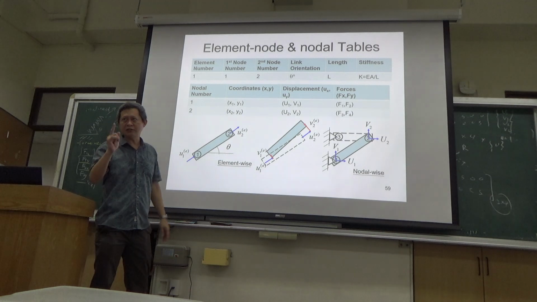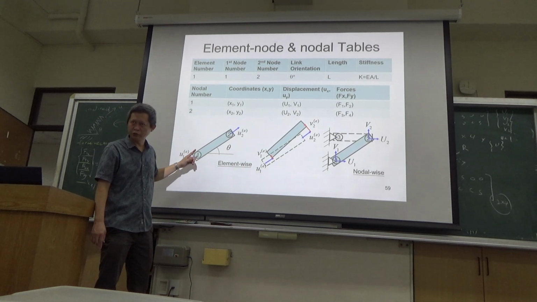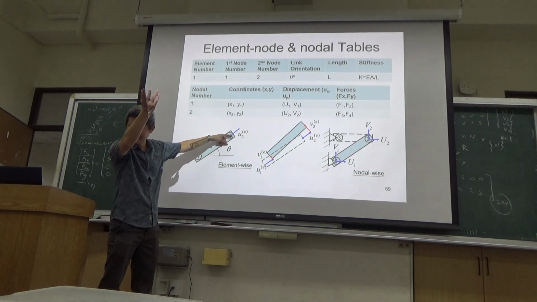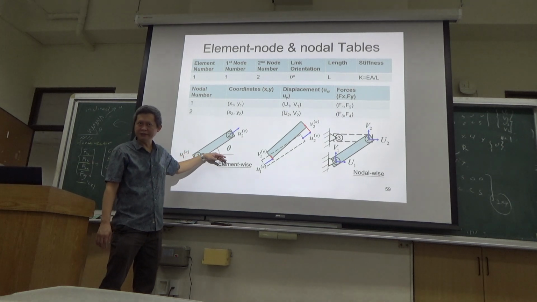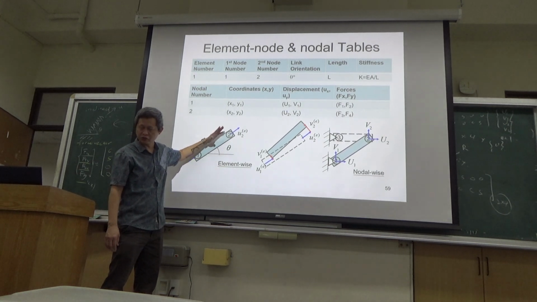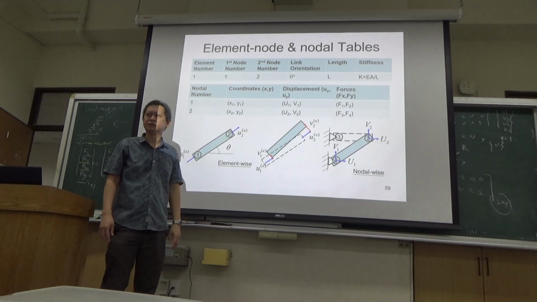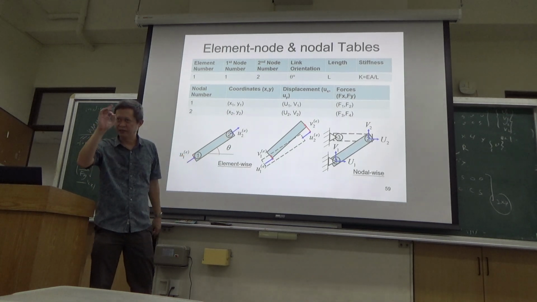So in this convention, node 1 is always the one starting from the origin and ending to distal end. And the angle definition is the angle of the inclination of the truss with respect to the horizon.